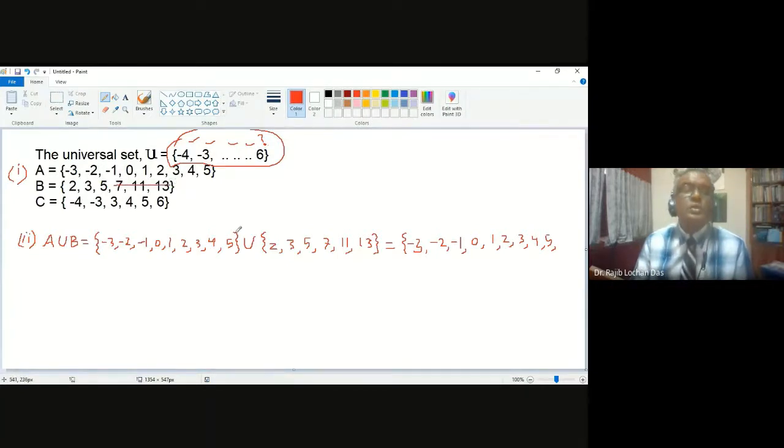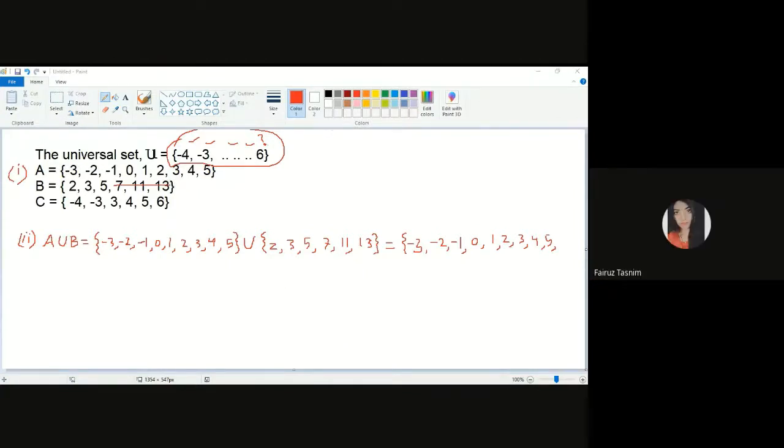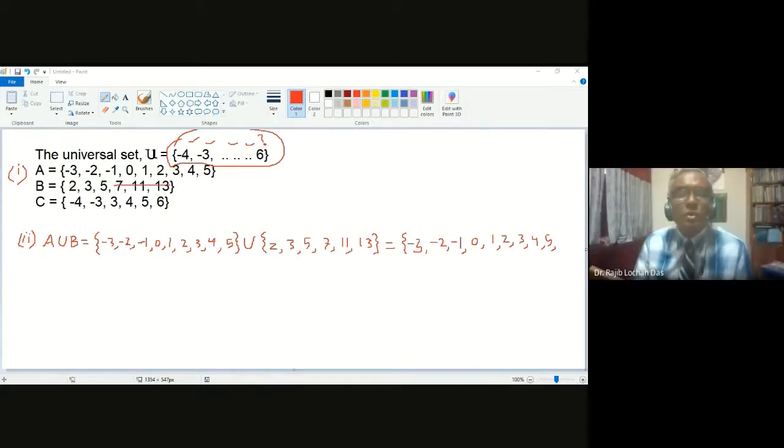Sir, will the universal set always be minus 4 to 6? No, not always. It will be something specific for a specific situation. For this example question, our universal set is minus 4 to 6.